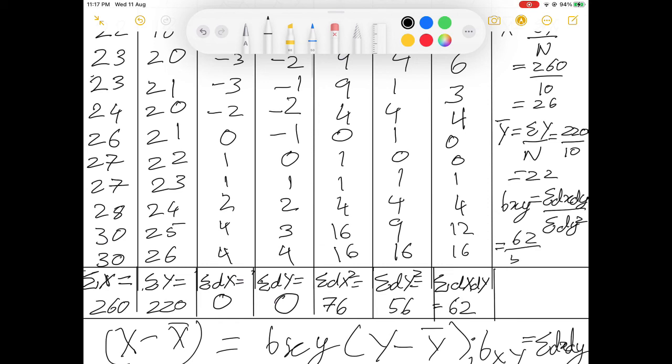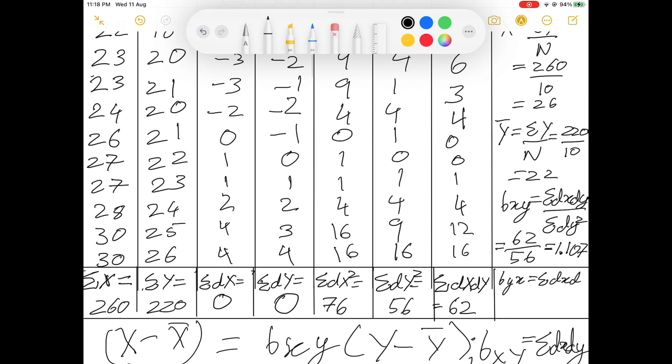So 62 divided by 56 gives me the value 1.107. Alright. So it comes to 1.11 if I round up, or I can just say 1.1. So I'll just reduce it to 1.1.